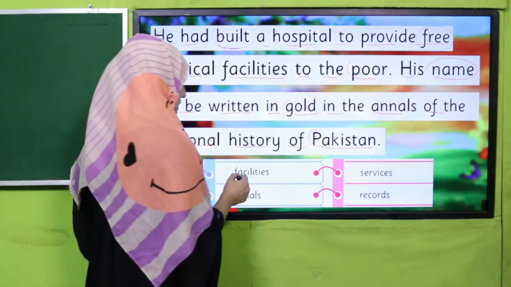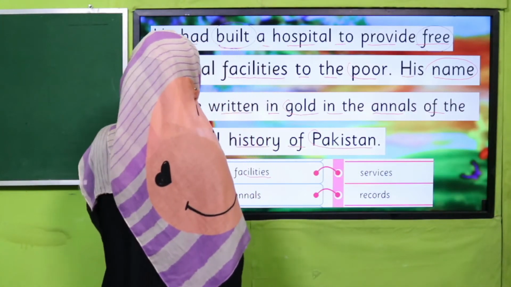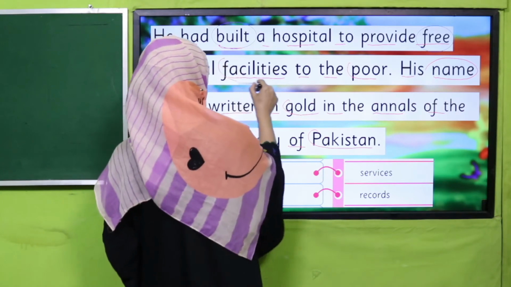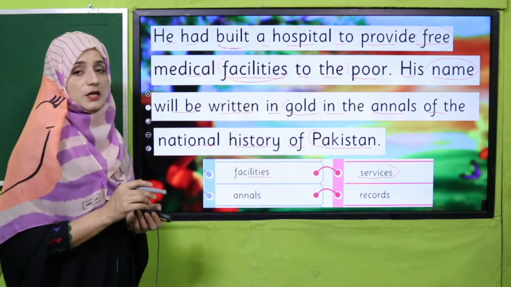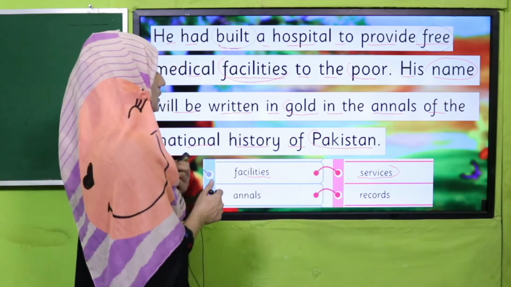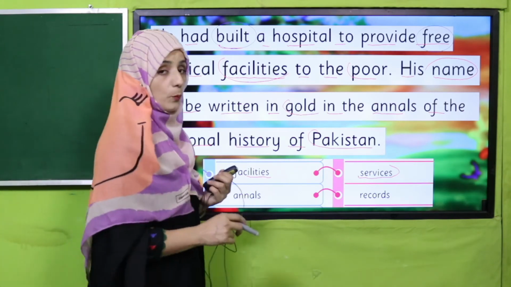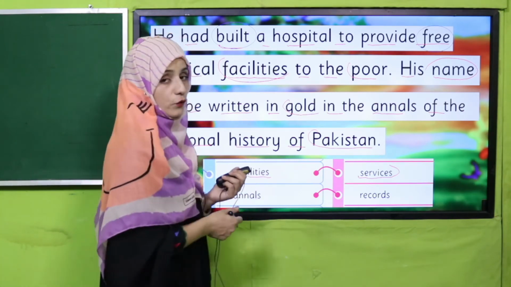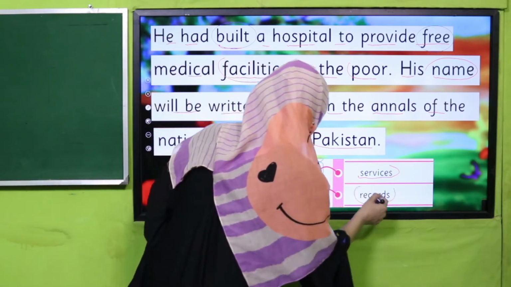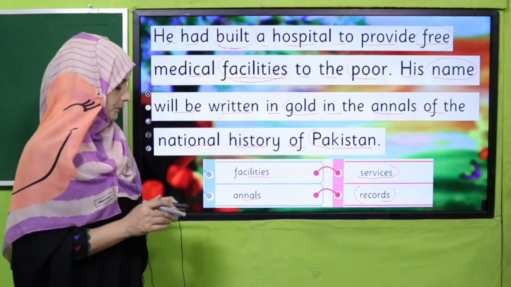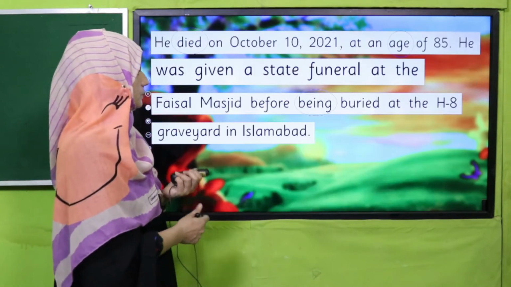The word is facilities. What does the word facilities mean? Services that he did for Pakistan. These are all called facilities, and what he did for poor people also. And annals mean record, something that is recorded in the history.